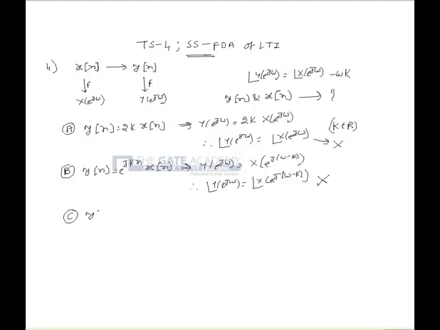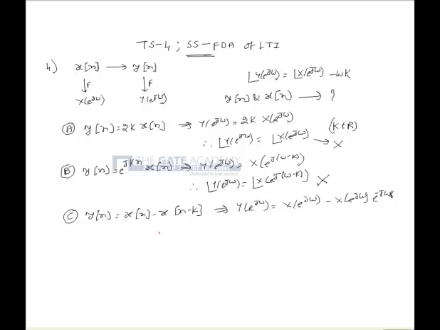As per the option C, y of n is equal to x of n minus x of n minus k. In frequency domain, it can be written as Y of e power j omega is equal to X of e power j omega minus X of e power j omega multiplied by e power minus j omega k.